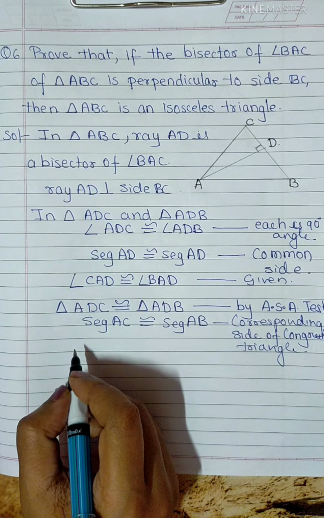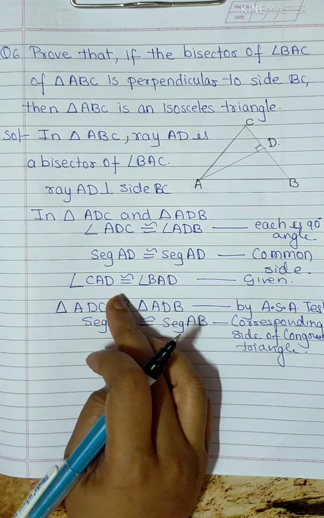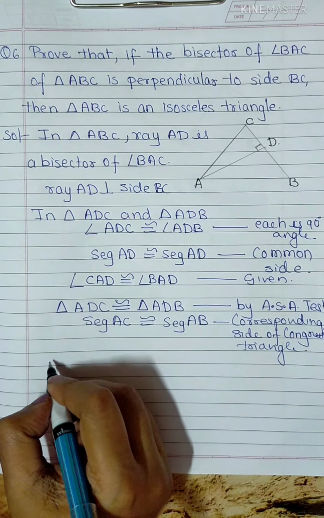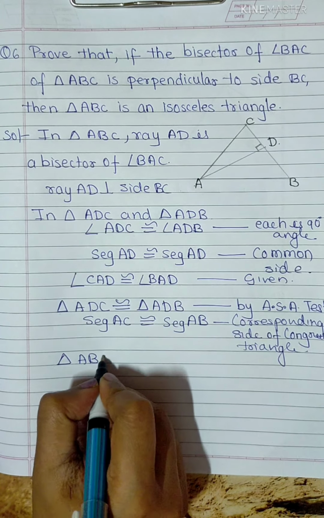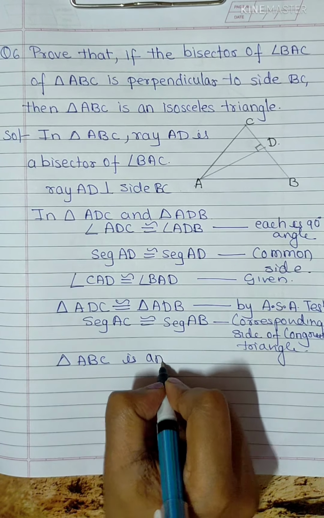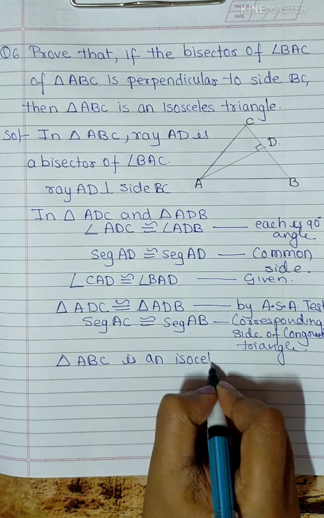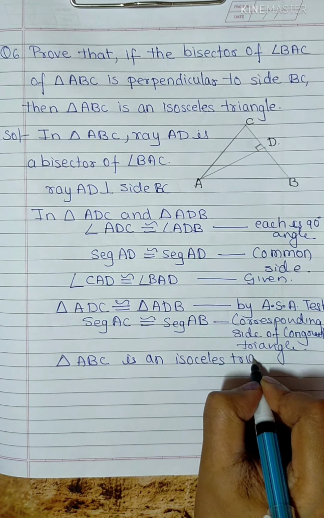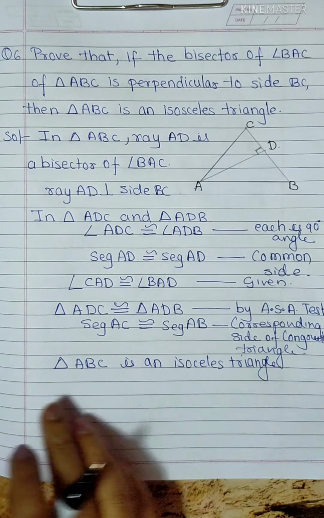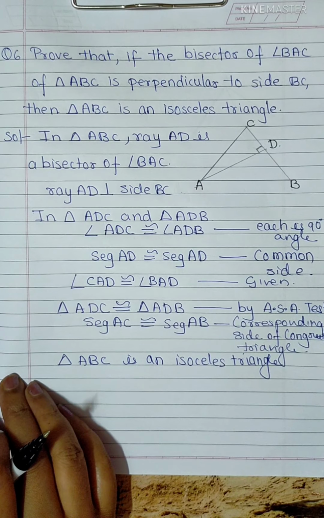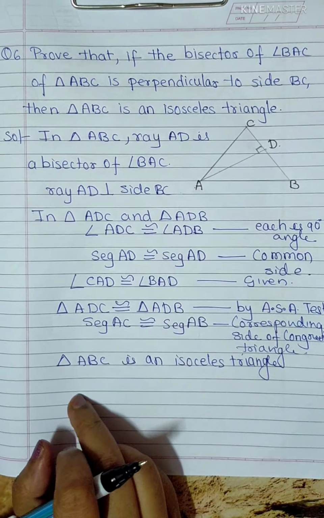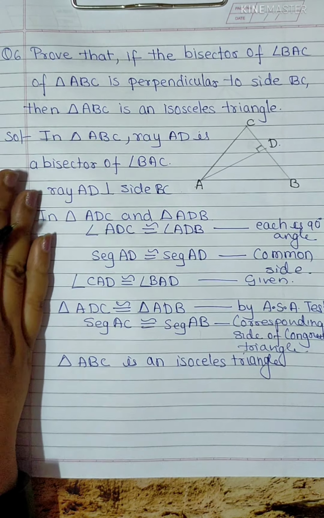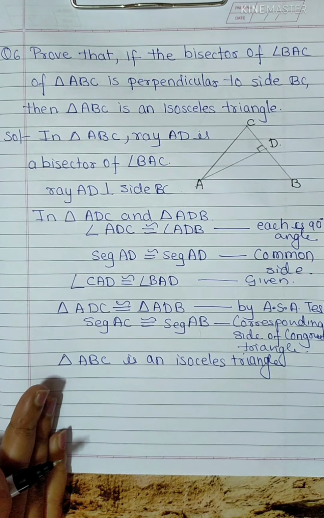Now as you can see, we have proved the sides properly. Now we can write that triangle ABC is an isosceles triangle. We have proved triangle ABC is an isosceles triangle with the help of this example.